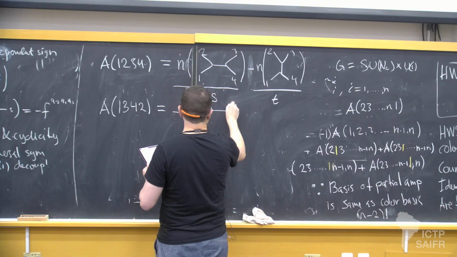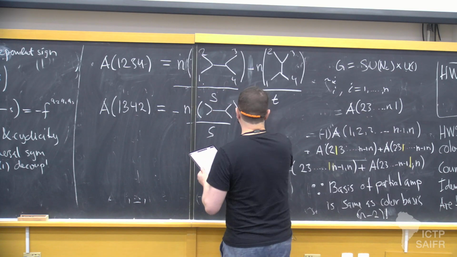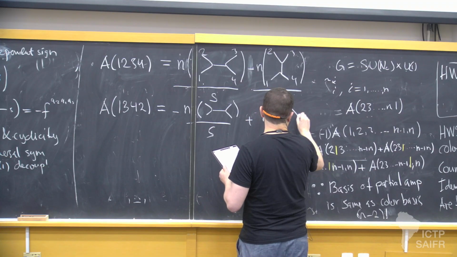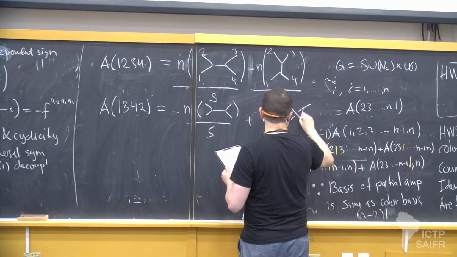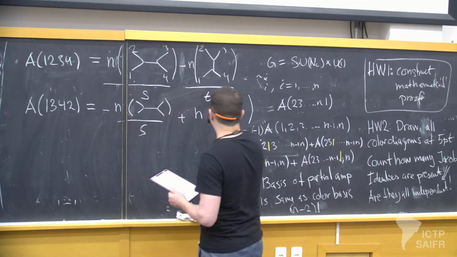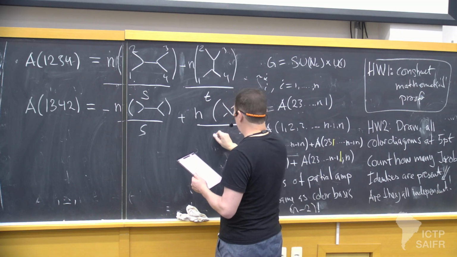Let's see, the same graphs, same graph over s. And here you have plus n, and here you have a non-planar graph. So I draw it as a planar graph, but it's really planar in this ordering. And this ordering is planar, but since I like to draw it in one canonical ordering, it looks non-planar.